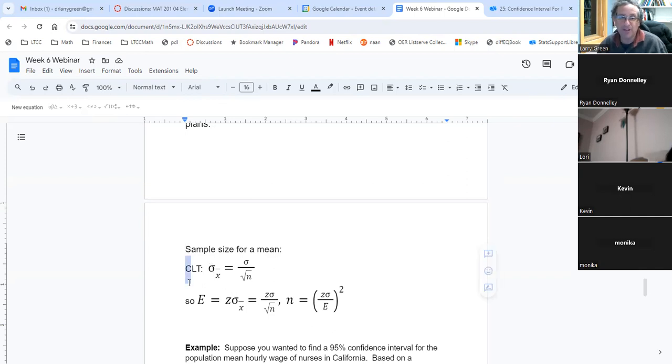So we know from the central limit theorem that sigma sub x bar equals sigma over root n. Do you remember that from last week? Any questions on that?